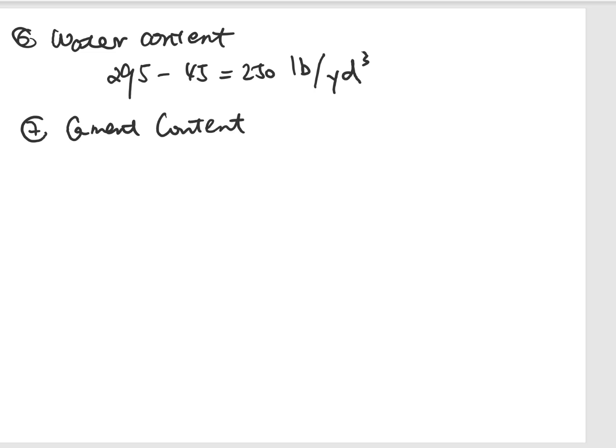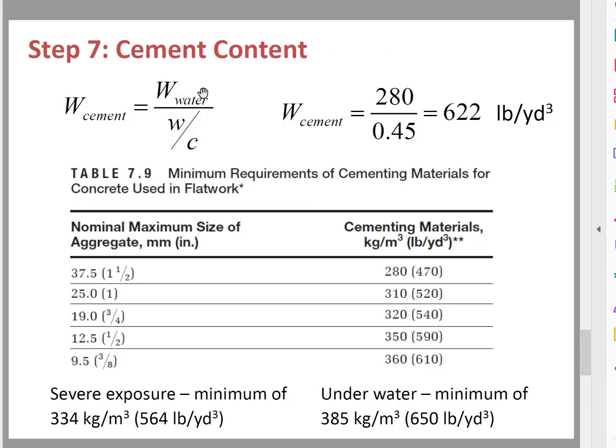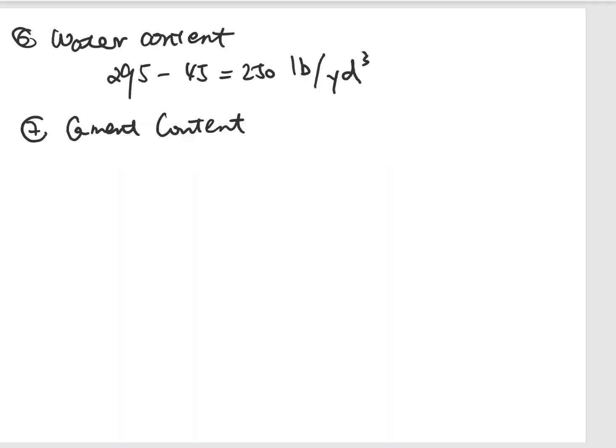Okay, so let's see the previous slide. So the cement content is the water content divided by the water to cement ratio. So in this problem, the water content is this value, right? And the water to cement ratio, we talked about this in the previous video, is equal to 0.45.